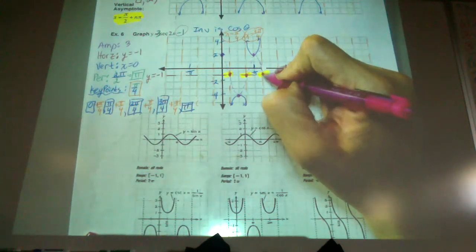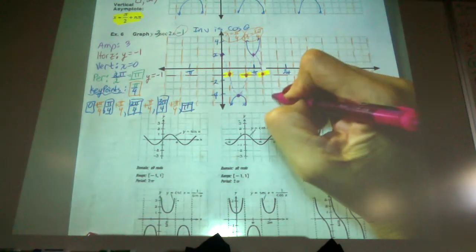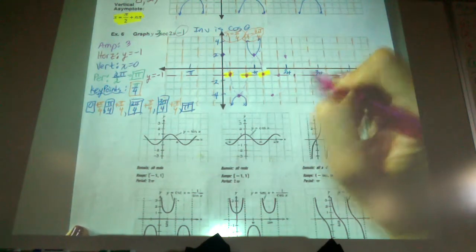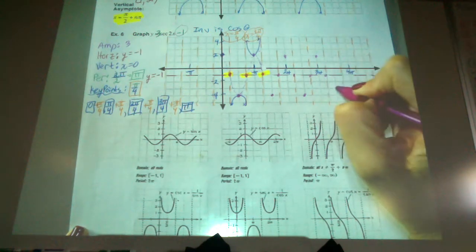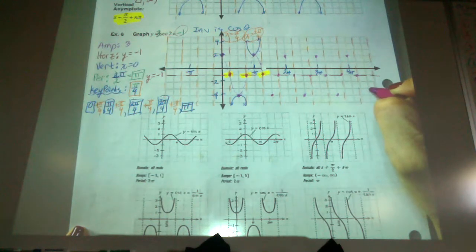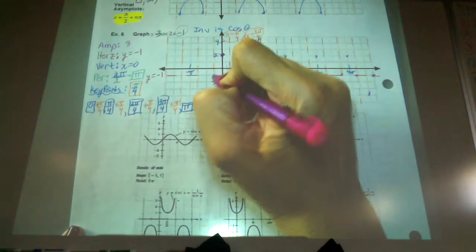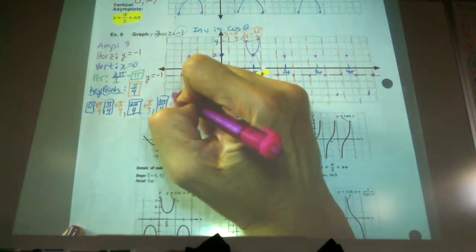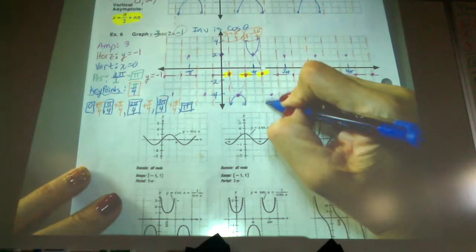No points for sketching. So then make your up and down parabolas.